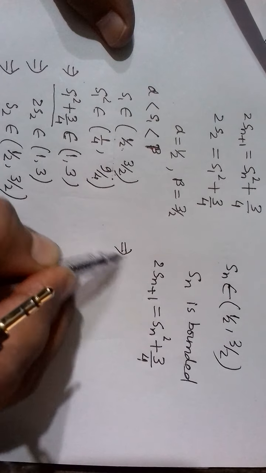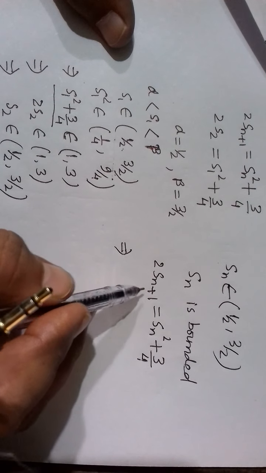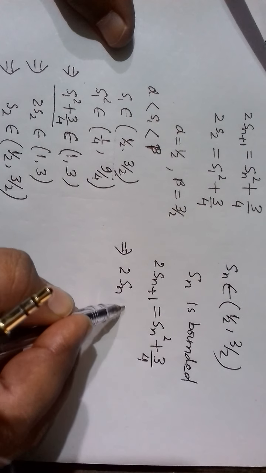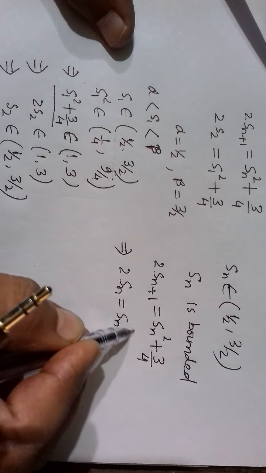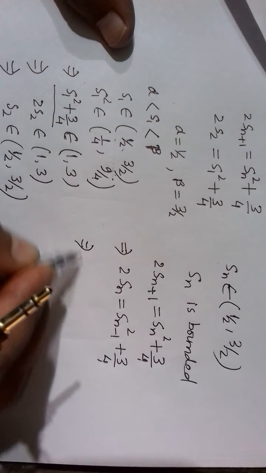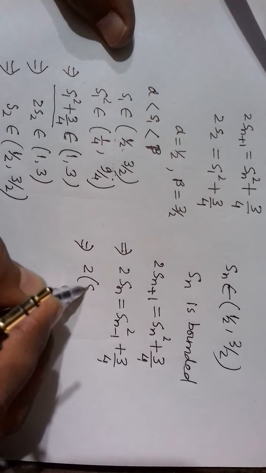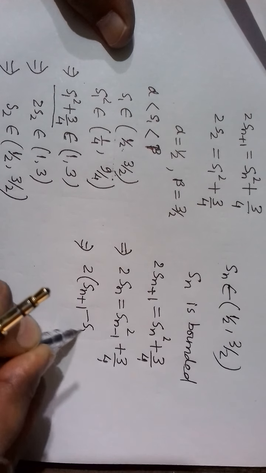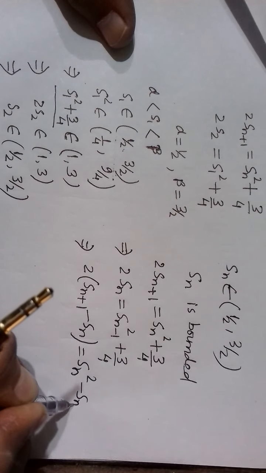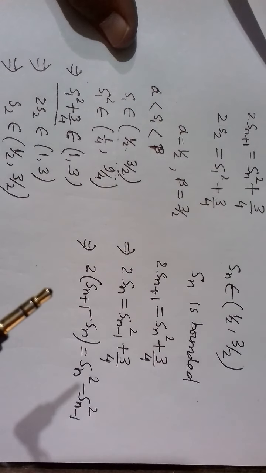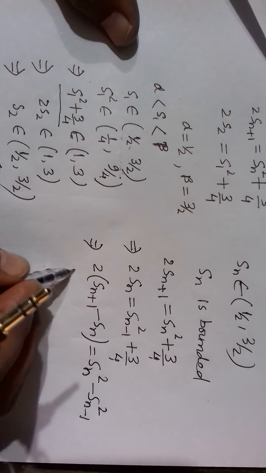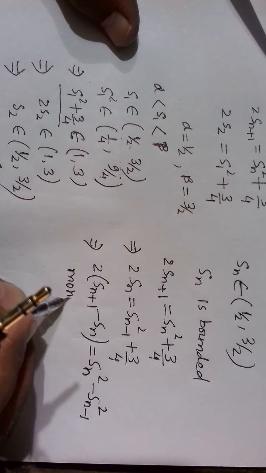Putting n equals n minus 1, we have 2Sn equals S(n-1) square plus 3 by 4. Subtracting these two, we have 2S(n+1) minus Sn equals Sn square minus S(n-1) square. This equation confirms that Sn is monotonic.